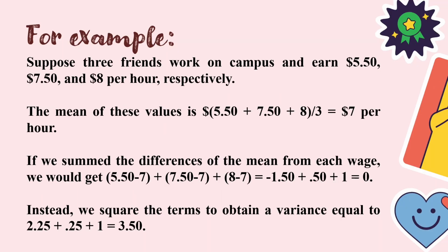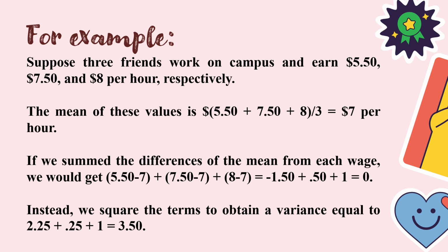For example, suppose three friends work on campus and earn $5.50, $7.50, and $8 per hour respectively. The mean of these values is ($5.50 + $7.50 + $8) / 3 = $7 per hour.